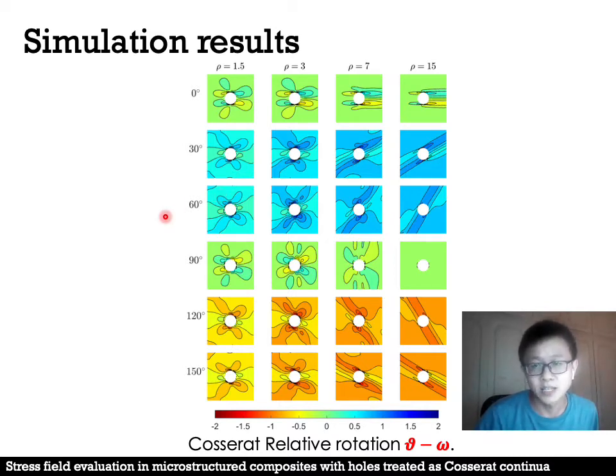Oppositely, for beta equals 120 degrees and 115 degrees, it is mainly dominated by negative values, indicating that the direction of the microstructure can not only affect the distribution of the relative rotation, but also its acting orientation, positive or negative.